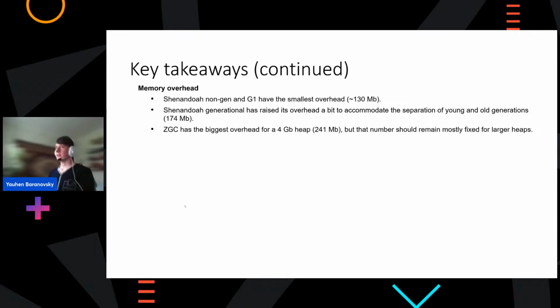And ZGC consumed most of the native memory for its purposes. But if we believe its design principles, this number should not change much for a lot larger heaps, even if it comes to terabytes of raw memory.